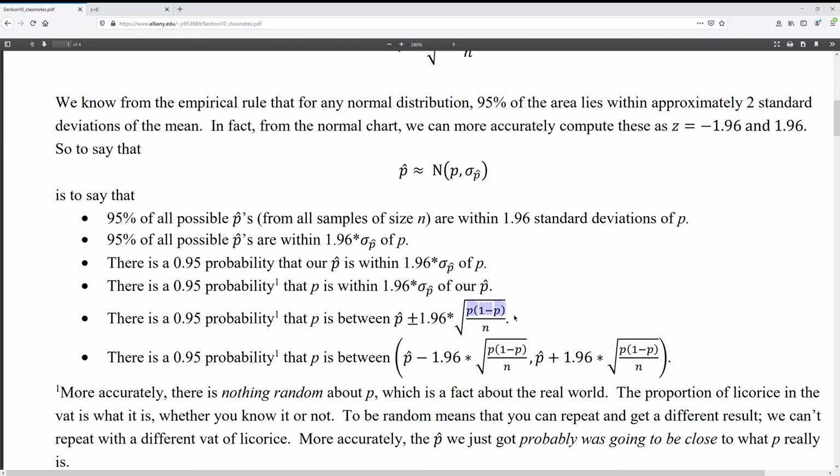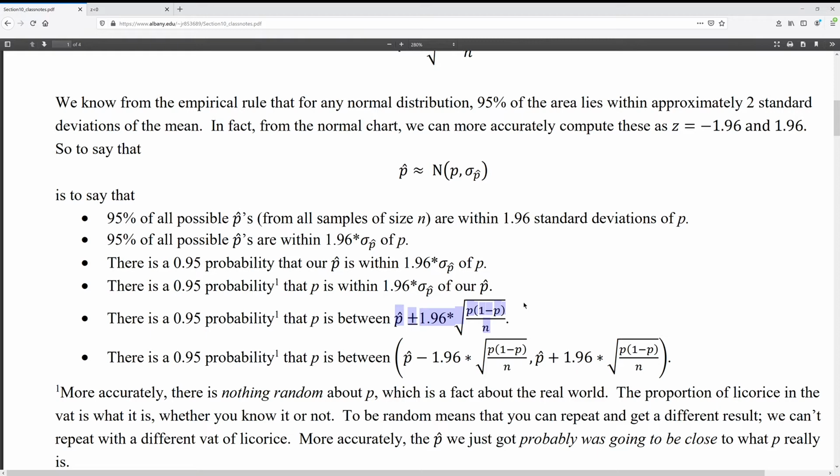So in the absence of knowing what P is, let's put in our best guess for P, our only guess for P, which is P hat, 0.4 times 1 minus 0.4. And then, since P and P hat are probably close together, the resulting computation is probably close to a 95% confidence interval.